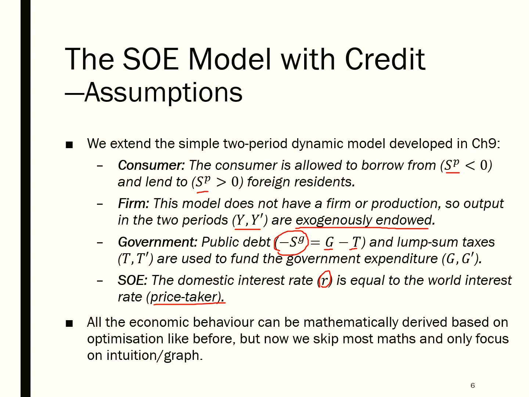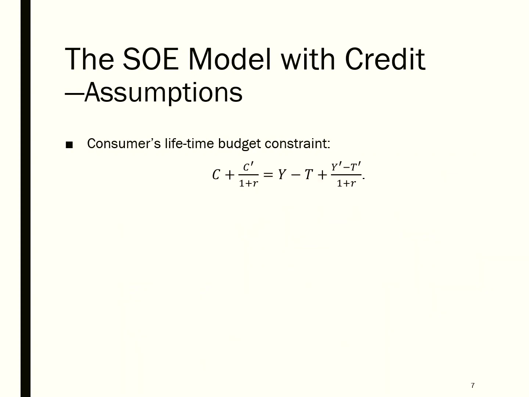Instead, we are going to use graphs and intuitions to explain the effects of exogenous variables on the endogenous variables of this small open economy model. Nevertheless, the maths and the graphs are actually telling the same story from two equivalent perspectives.